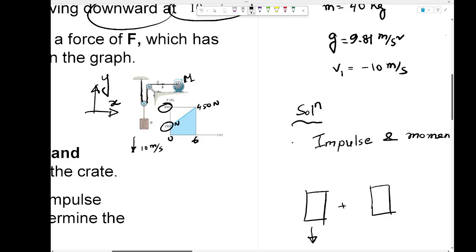You have this pulley here, and the pulley is going up because the crate is moving up. That's why you have this force twice, on these two different ropes.